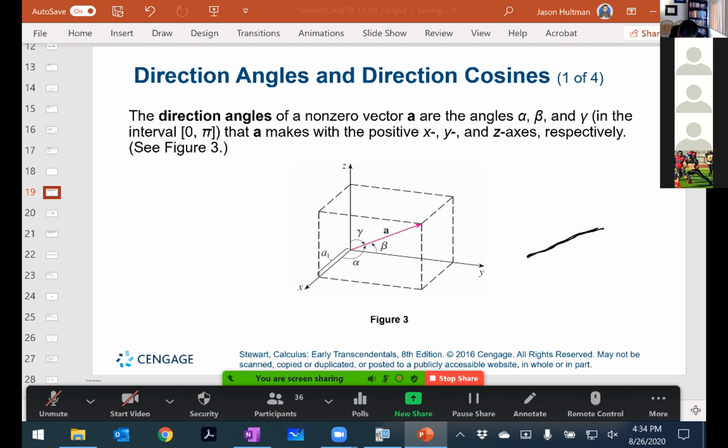Okay, if I had my vector, let me get rid of that. If I had my vector, and I wanted to project this vector onto the xy plane, then what I would get is an image of this vector onto the xy plane.